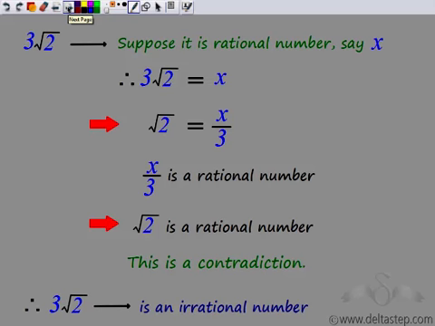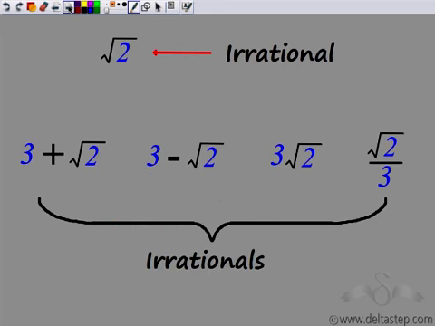So we've seen addition, subtraction, multiplication and division of an irrational number with a rational number gives me an irrational number again. So under root 2 is irrational, and all these expressions, addition, subtraction, multiplication and division of a rational number with an irrational number gives me irrational numbers again.